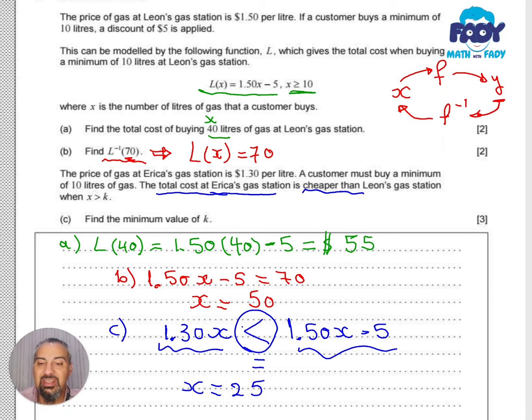So what is the minimum value of k? k is 25. This means the total cost at Erica's gas station will be cheaper than Lane's gas station when x is more than 25.